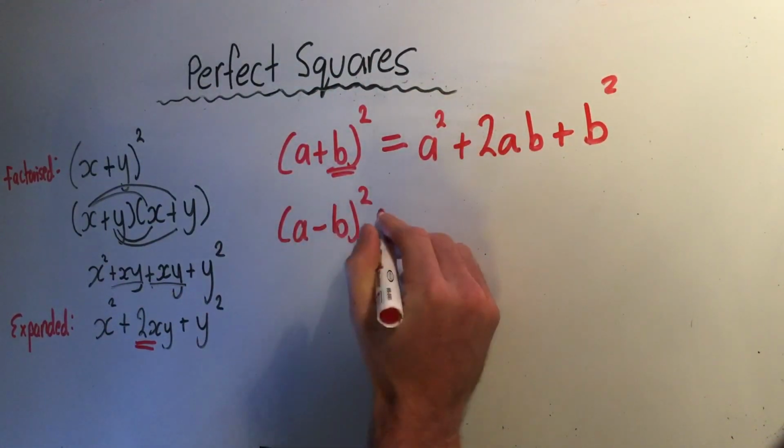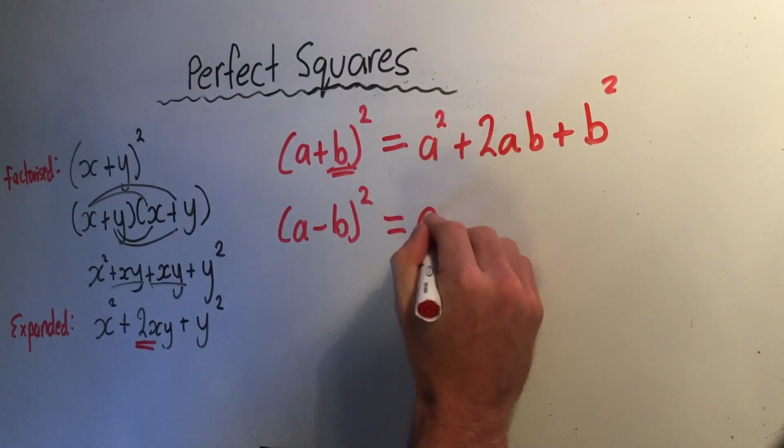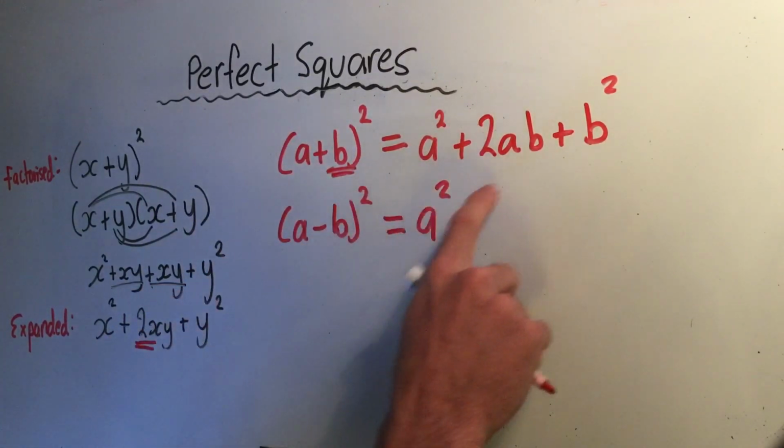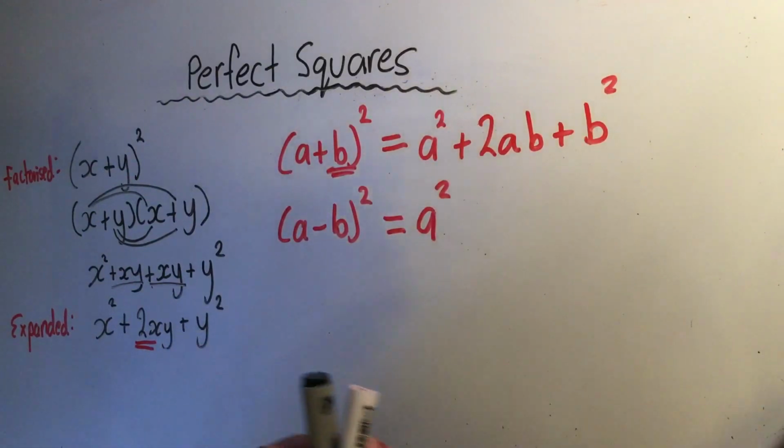And by the way, when you do this bracket, the only difference is you're still going to get the first term squared, but then you're going to notice that the middle term, remember there's three terms.